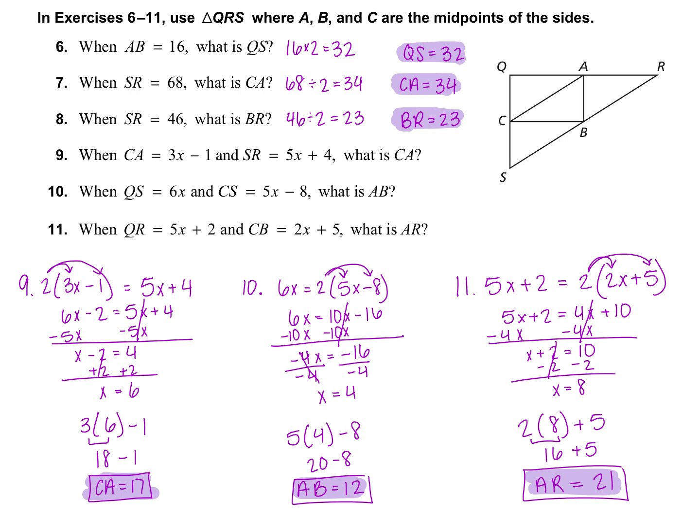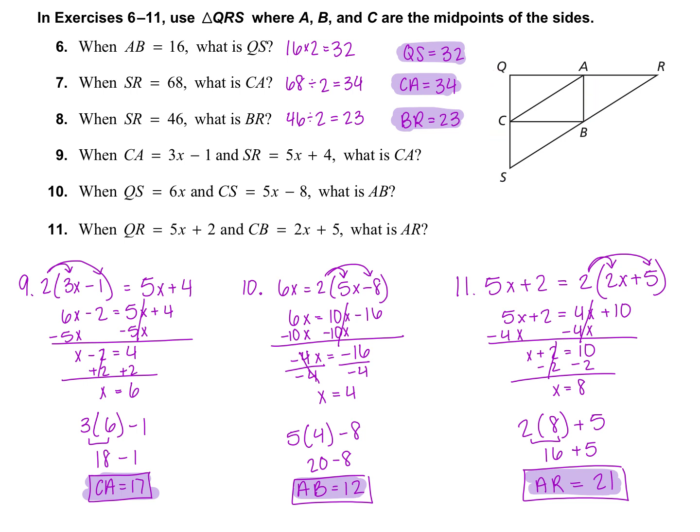Looking at the next one, number 10. QS is 6x. CS was 5x minus 8. They want you to find AB. Remember, AB is half of QS, which is the same measure as CS and QC. Okay, this is the same as this, which is also the same as AB.